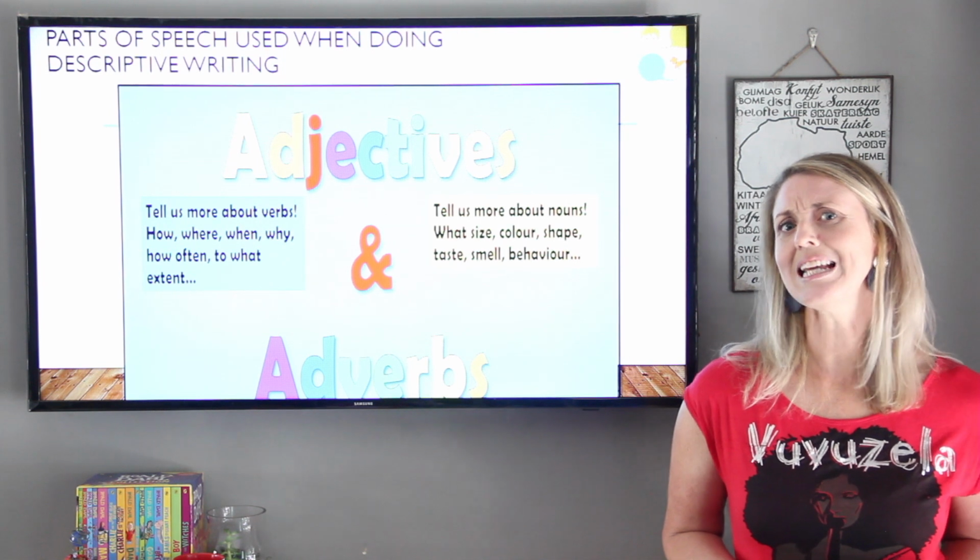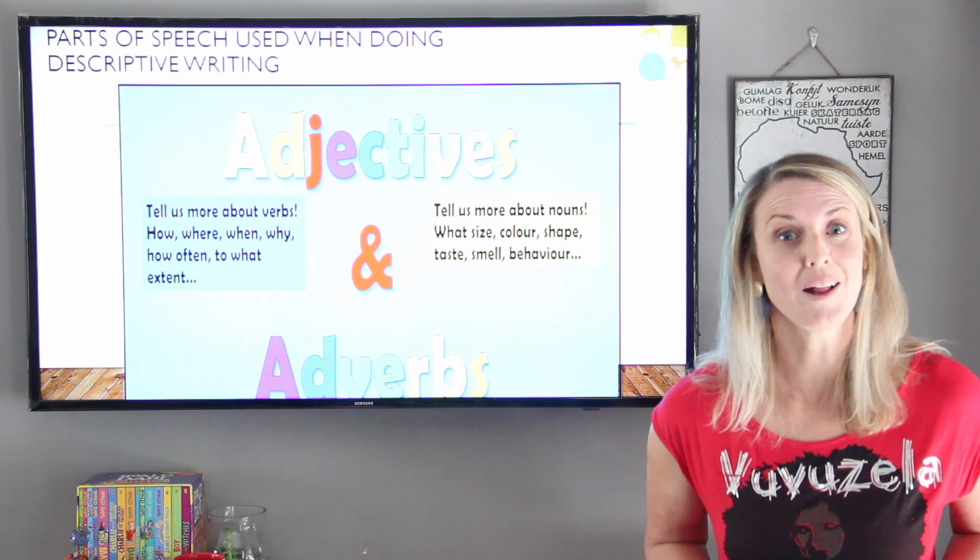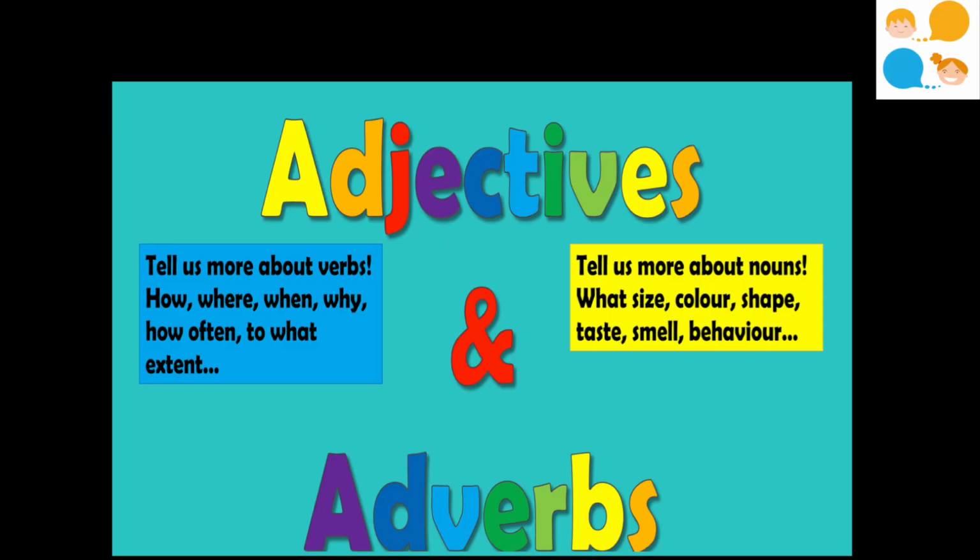On the screen I have forgotten to say which is which, so here I need your help again. The first definition says, tell us more about verbs: how, where, when, why, how often, and to what extent something is being done. The next one says, tell us more about nouns, similar to the objects that I showed you in our game: what size, color or shape, what it tastes like, smells like, how it behaves.